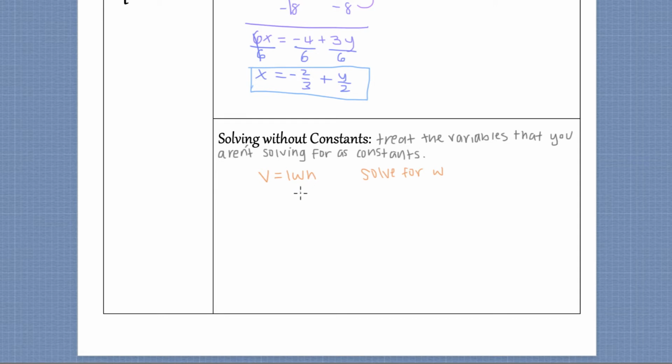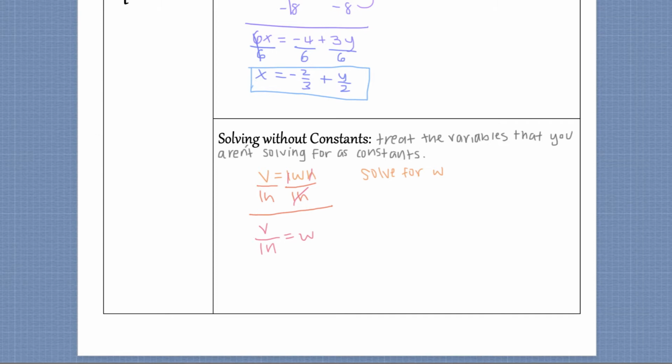So let's start solving for this. We want to solve for W, and so all we have to do is divide this side by L and H to leave us with just W alone, and also divide the other side by L and H. And so this will give us V over L times H is equal to, and then LWH divided by LH will give us just W because the LH on the top and the LH on the bottom cancel out.